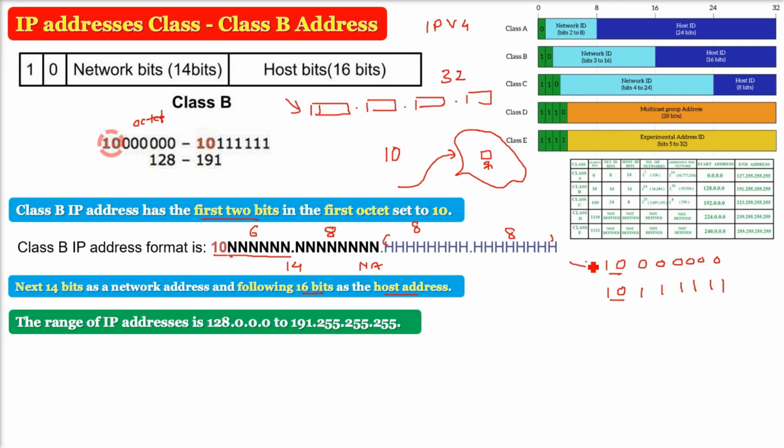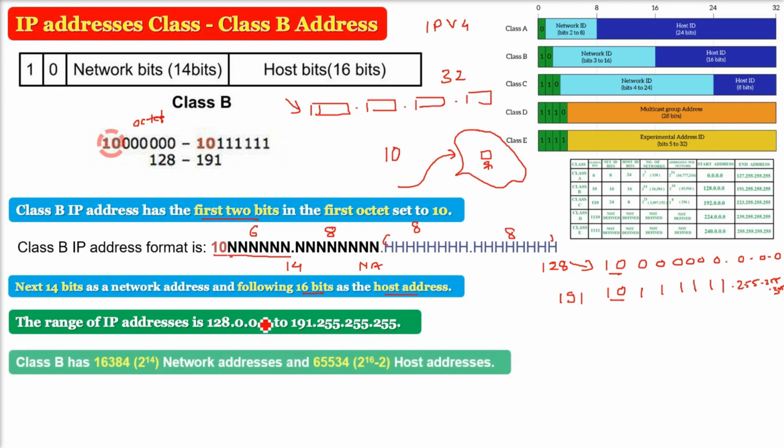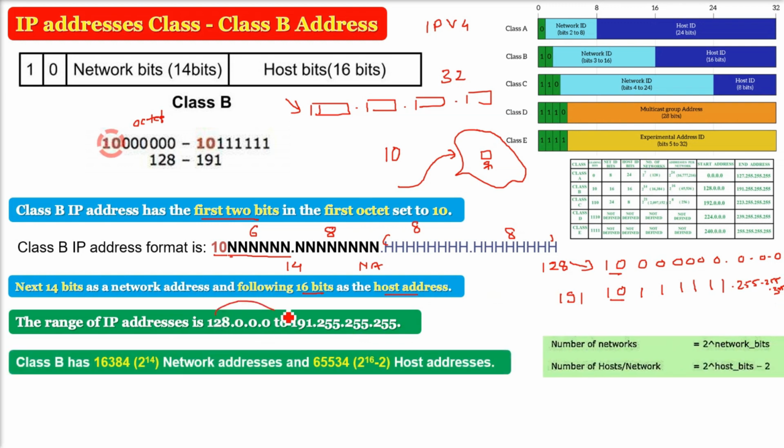And when you convert this into decimal, the minimum will be 128 and the maximum will be 191. The other three octets are more, so it will be 128.0.0.0 to 191.255.255.255. So it is from 128 to 191.